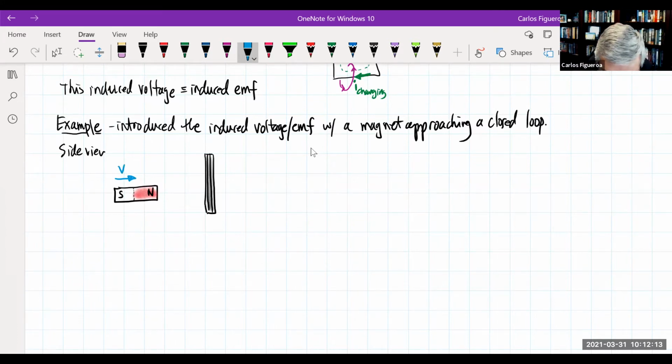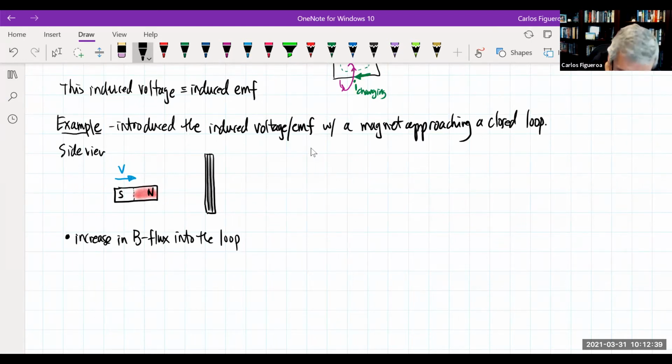So what actually happens here? Well, there's a series of things that happen. There's an increase in magnetic flux into the loop.